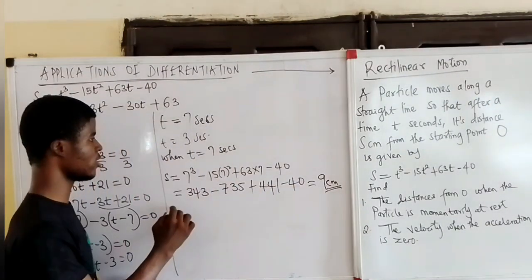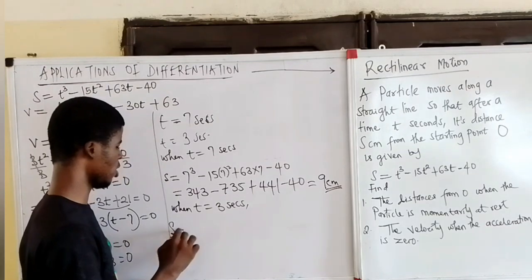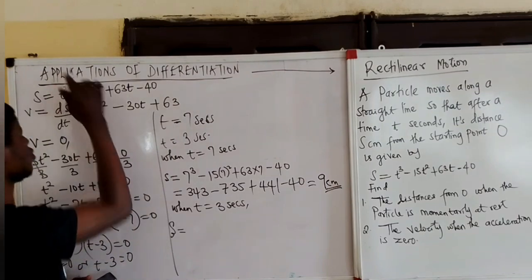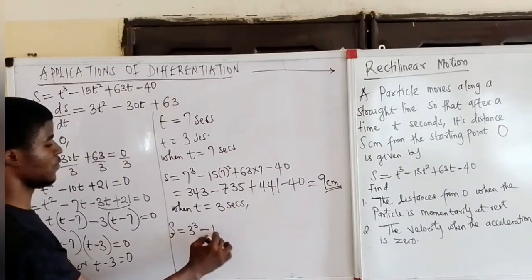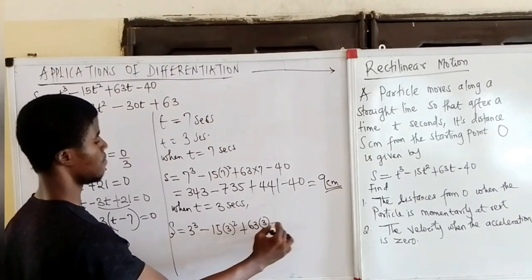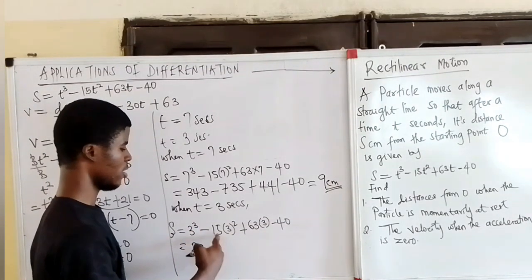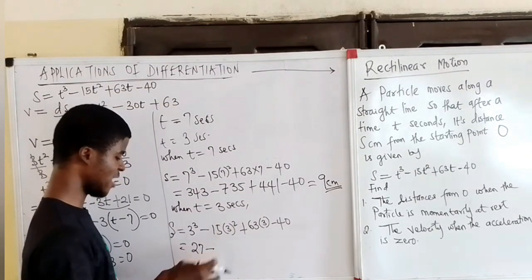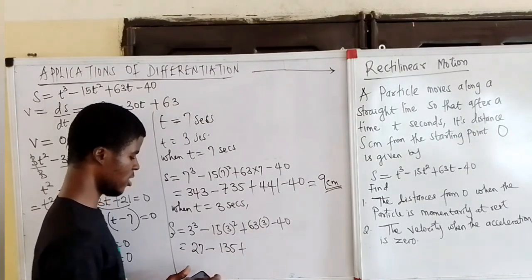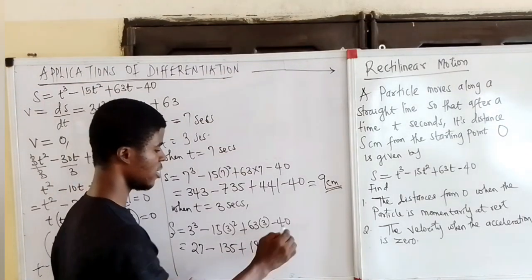What of when t is equal to 3 seconds? So S will be equal to, I'll plug in 3 into this equation. That's 3 cubed minus 15 times 3 squared plus 63 times 3 minus 40. 3 cubed is 27. 3 squared is 9, and 9 times 15 will give us 135. 63 times 3 is 189, then minus 40.